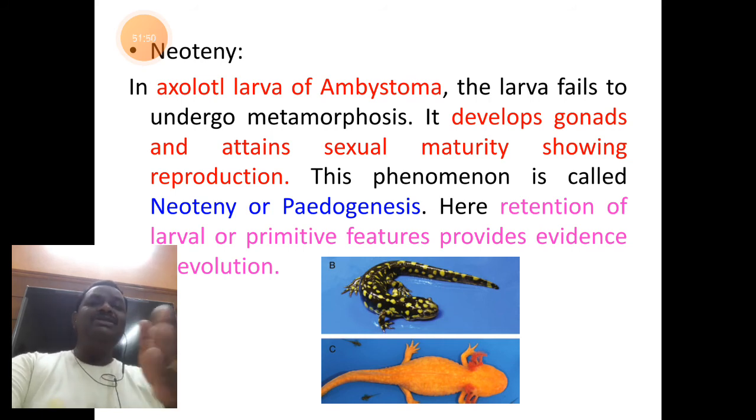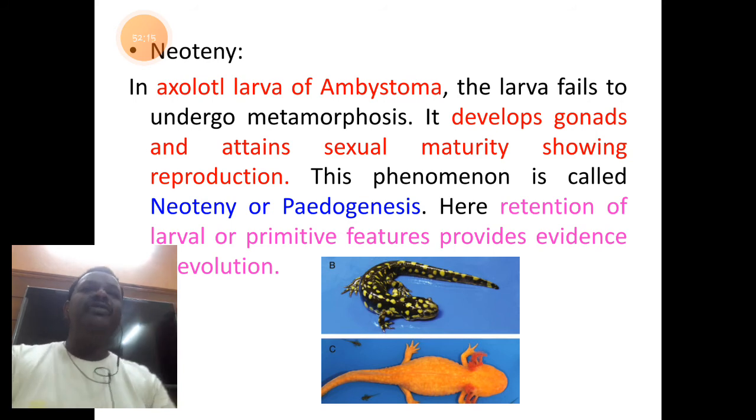This is what we call neoteny or pedogenesis. So what's happening here? The larval characters are retained in them. Along with it, they show the adult sexual characters also. So the larval forms showing adult characters and undergoing sexual maturity is also an embryological evidence of organic evolution.